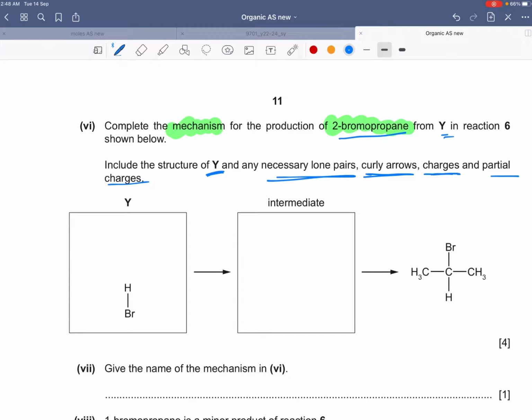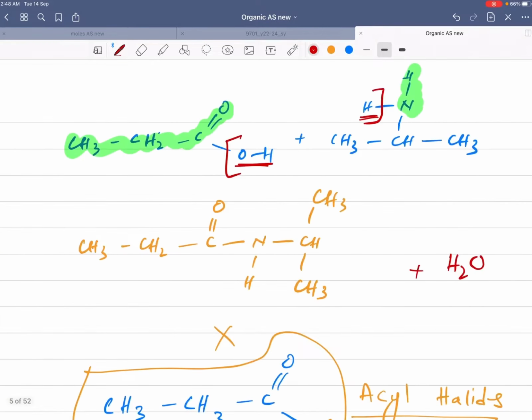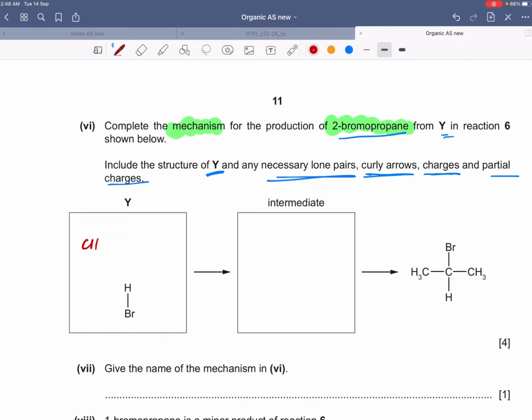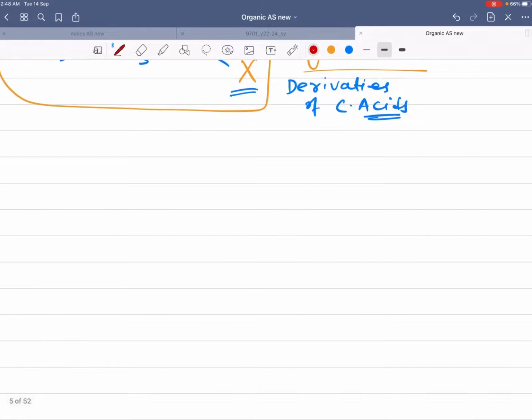So first of all, let's draw the structure of Y. What is Y? Once propanol loses a water molecule, this one loses OH, this one loses H. So both these two carbons will make a double bond with each other. So we would get CH3, CH, double bond, CH2. I hope you're getting this. Let me just draw this here.